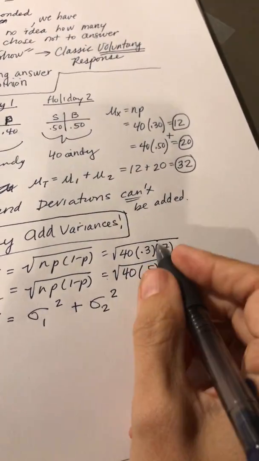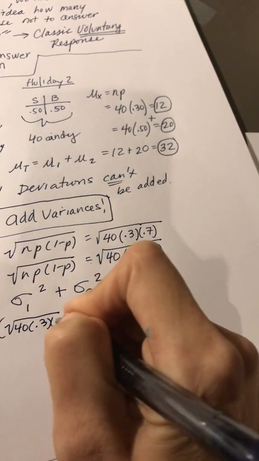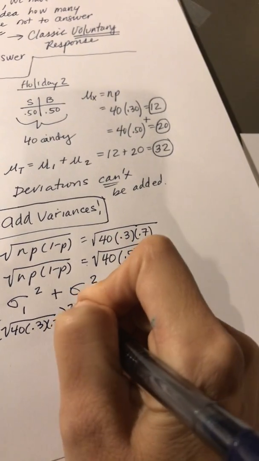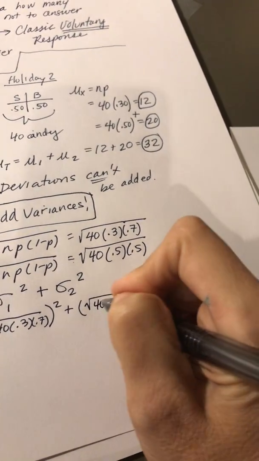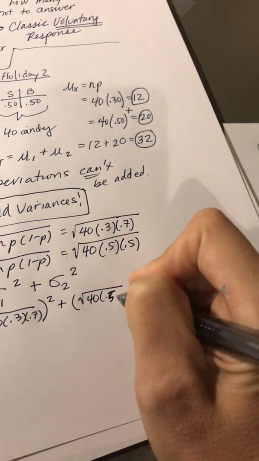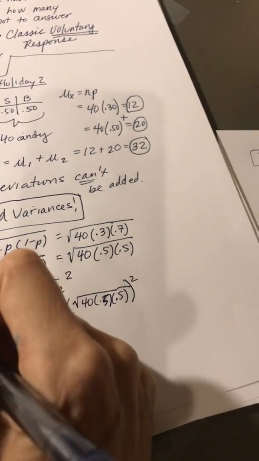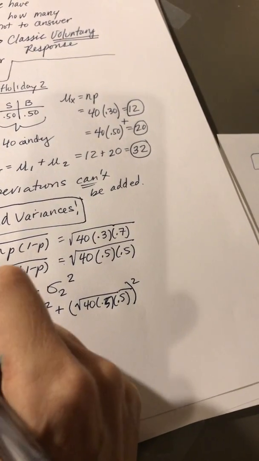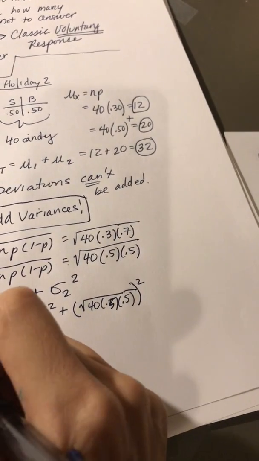We know that. Some interesting math here. We're going to square a square root, so it'll just go away. And we're going to square a square root, so that'll just go away. And then don't forget, to find the standard deviation of the total, we're going to have to take the square root of our answer.